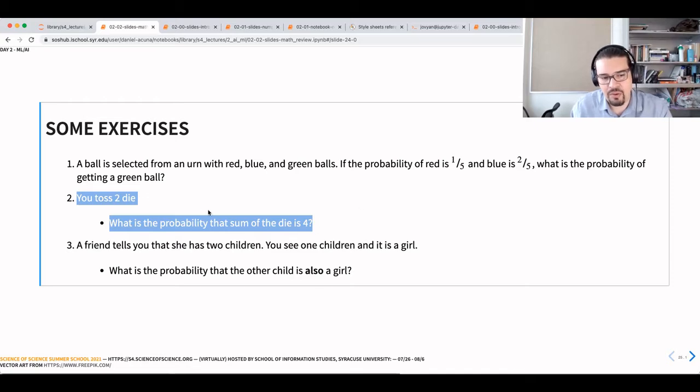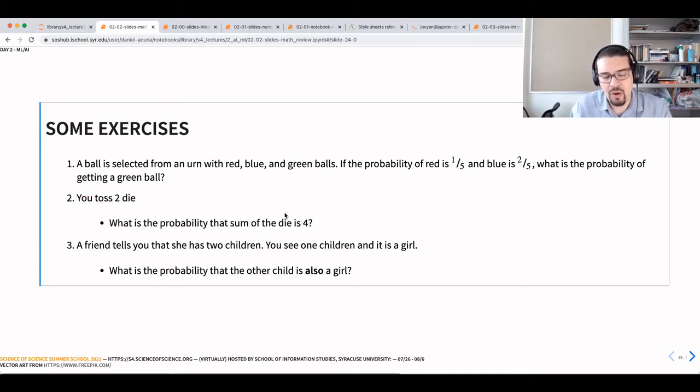Let's say I ask you about the probability that the sum of the 2 dice comes up to be 4. You throw 2 things that have 6 faces, sum the outcomes of those faces, and I want to estimate the probability that I have 4.